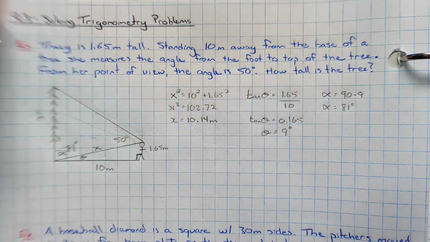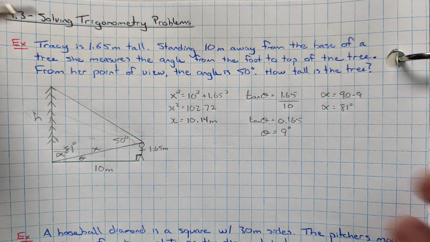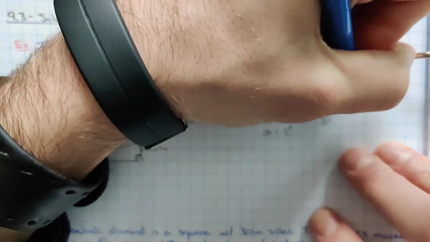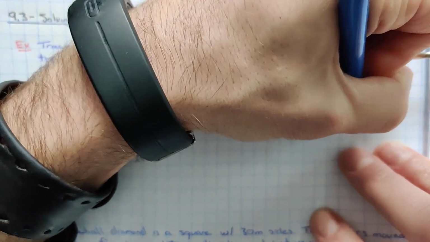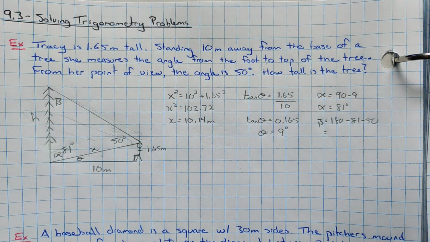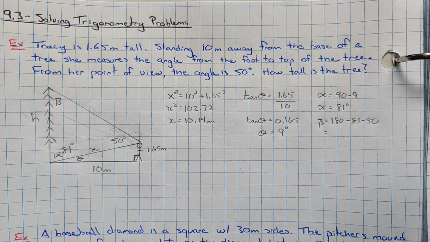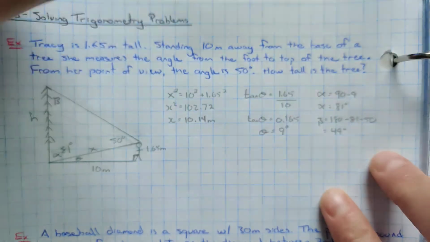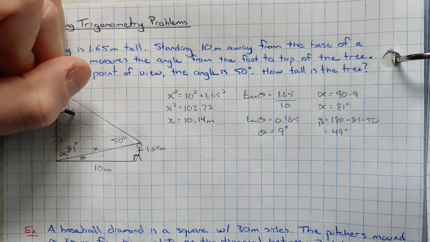And now if I know those two angles, 81 and 50, call this angle beta. Beta equals 180 minus 81 minus 50, which will be 49 degrees. So we got this now as 49 degrees.